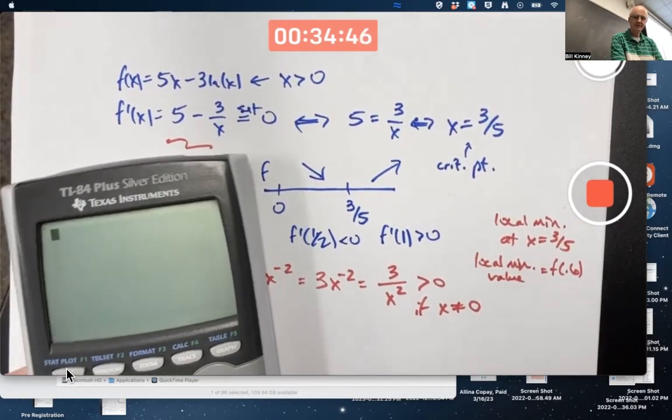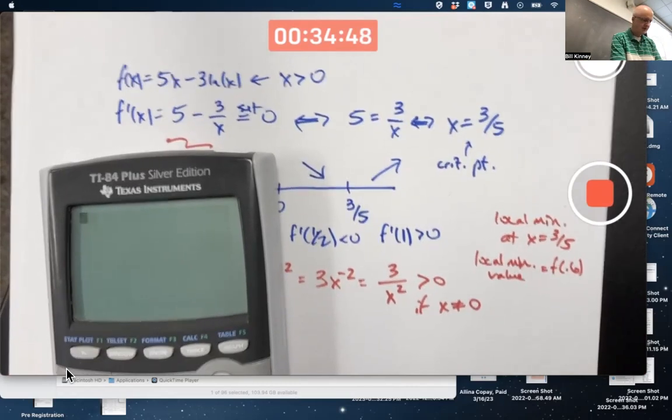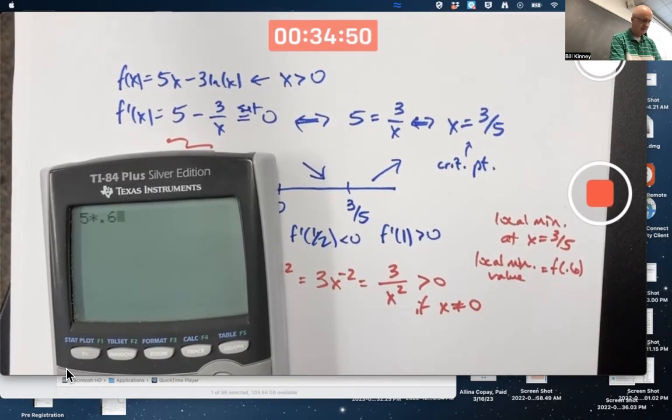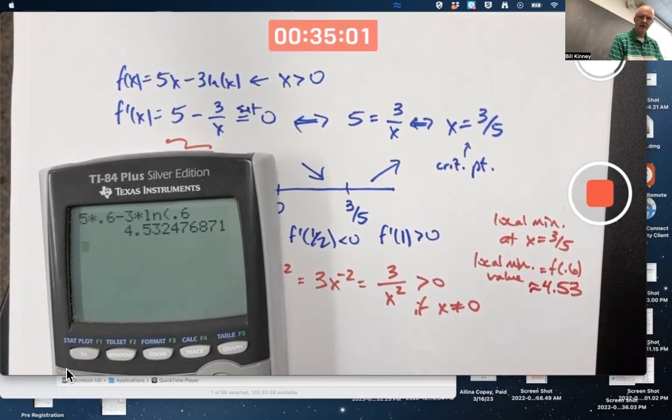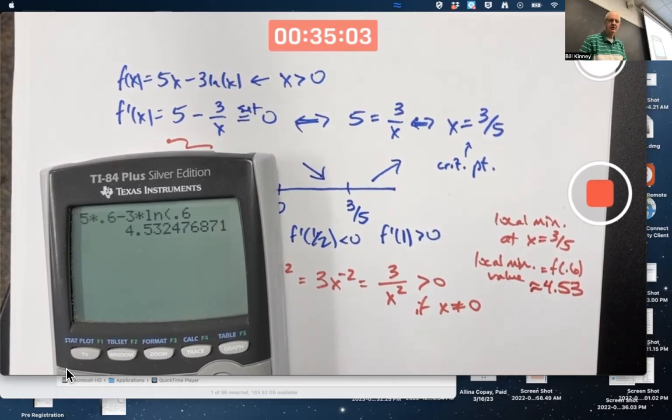Need technology. 5 times 0.6 minus 3 times natural log of 0.6. The local min value is approximately 4.53. I just plugged 0.6 into the original function. That's the lowest possible output, approximately.